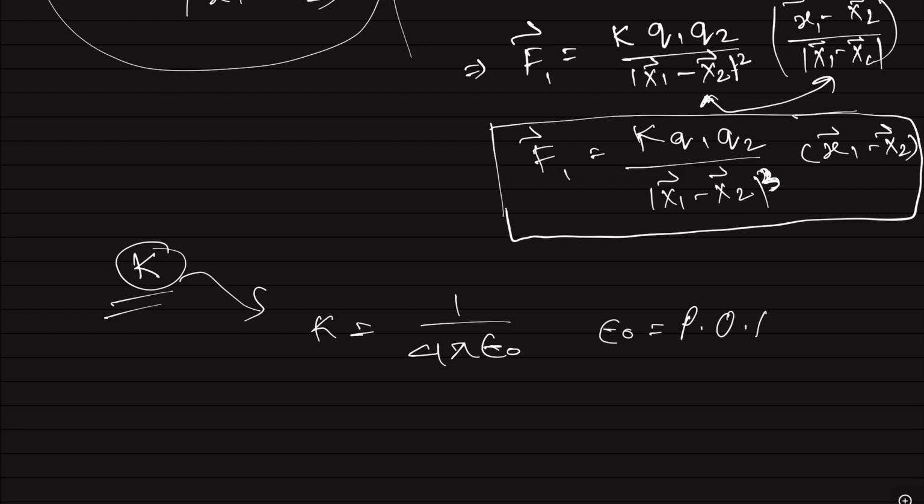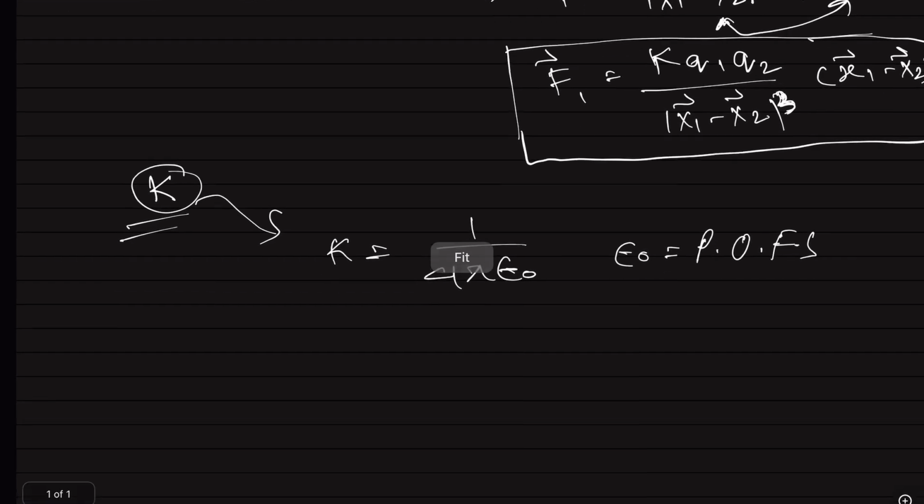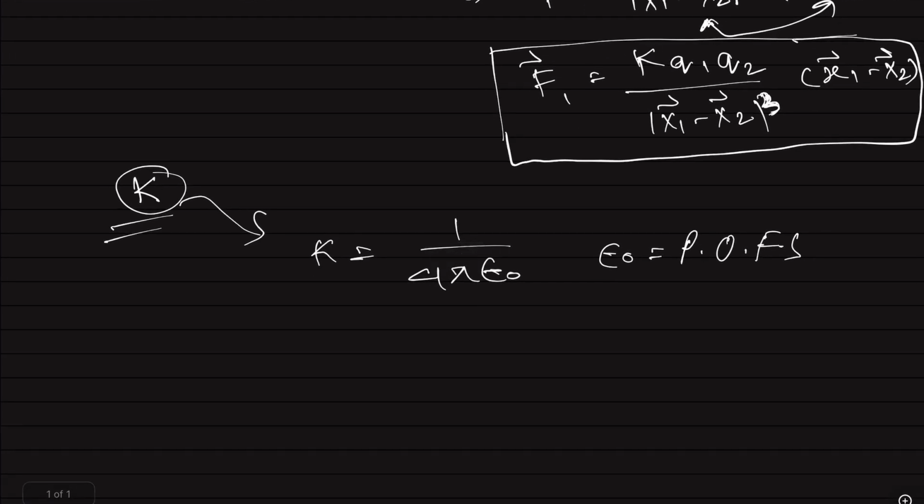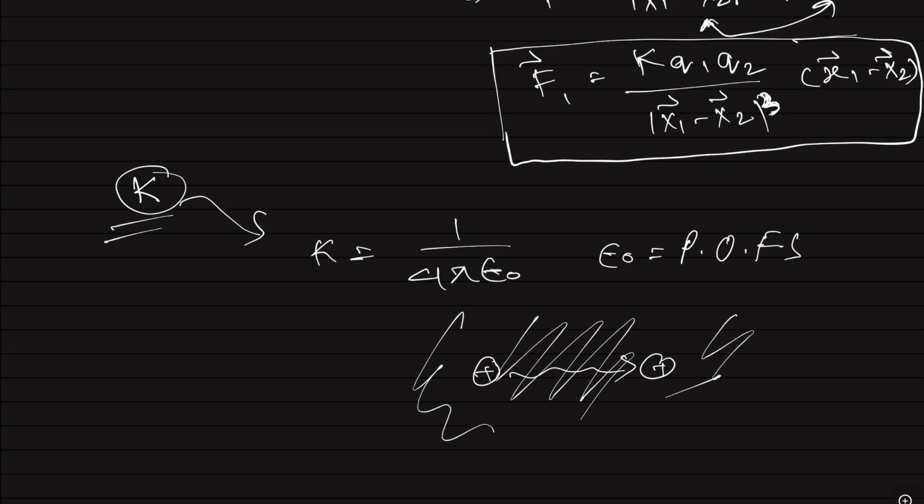Permittivity is like resistance. You know, when current flows through a wire, there is some resistance, right? Similarly, when the force between two charges travels, there is some resistance in the space, and this resistance is called the permittivity.